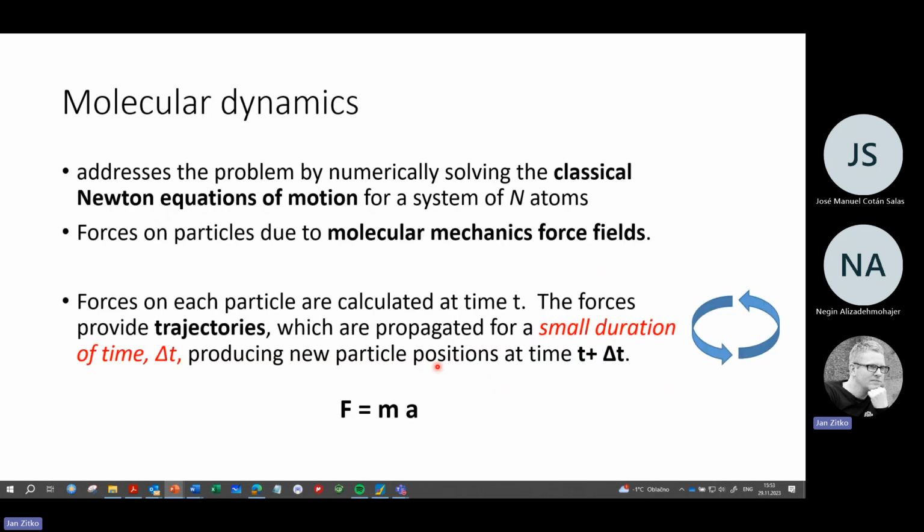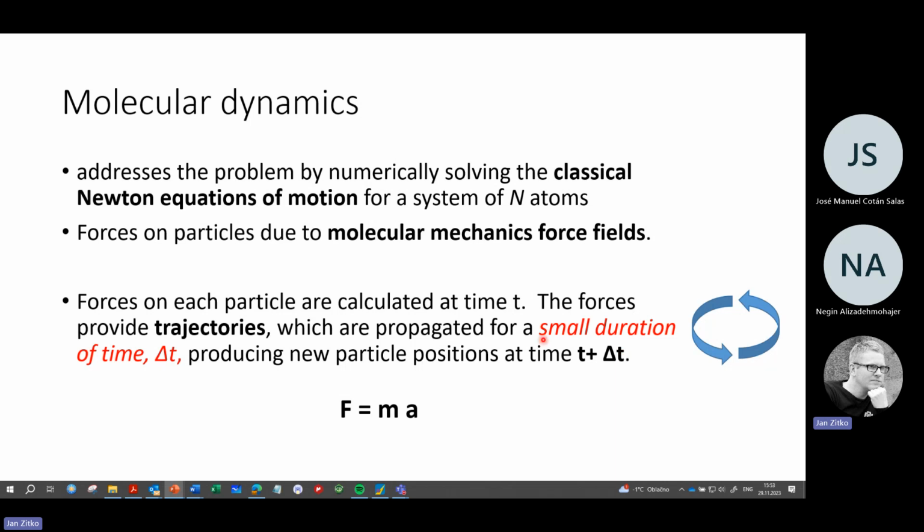The velocities are basically linked to the forces which act on each particle. So we have some forces which can also be evaluated from the force field, like energy calculations. So you have the velocities or forces, doesn't matter much what you call it, acting on each particle. Then you let the system develop for a small duration of time, which we will designate delta t.